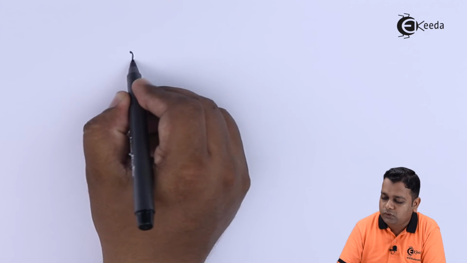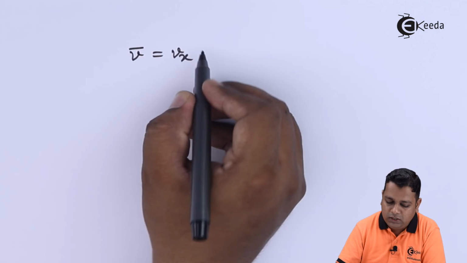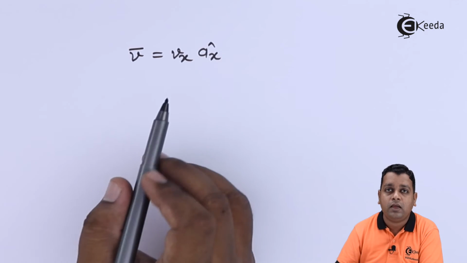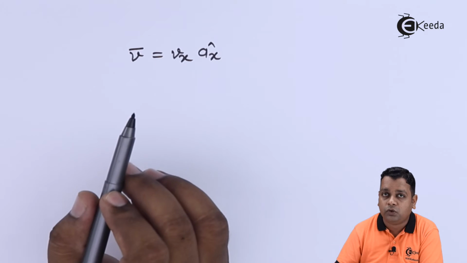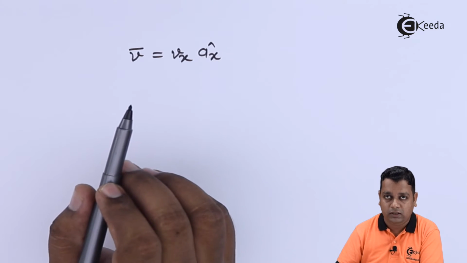So the velocity of the electron, we assume, v bar denoted as vx into ax cap. So we have assumed that x is the initial direction of motion of the electron before entering into the magnetic field.